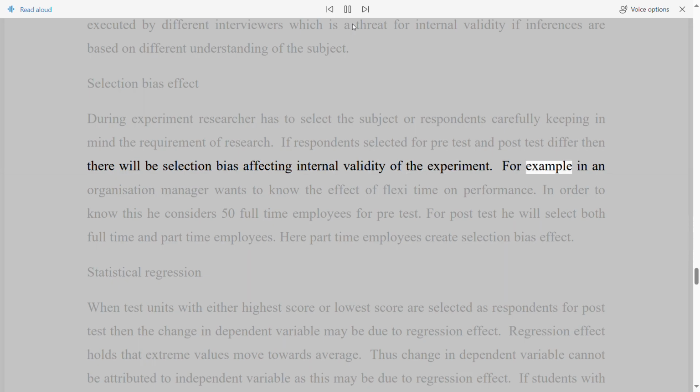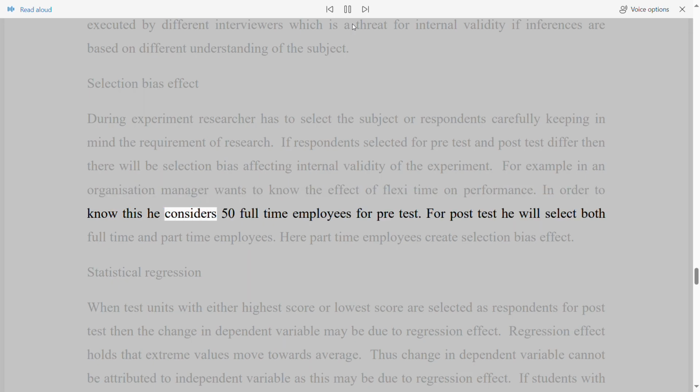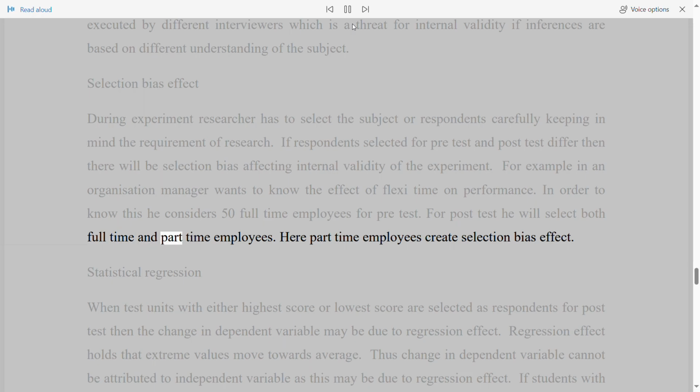For example, in an organization, a manager wants to know the effect of flexi time on performance. In order to know this, he considers 50 full-time employees for pre-test. For post-test, he will select both full-time and part-time employees. Here part-time employees create selection bias effect.